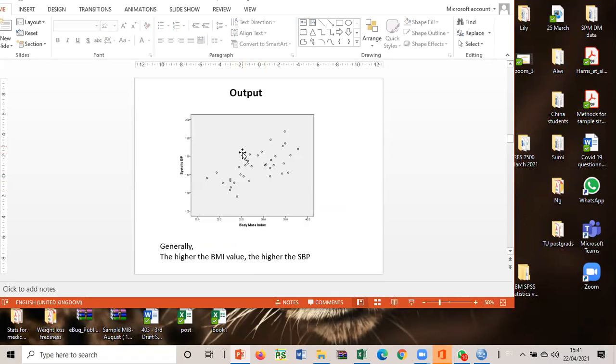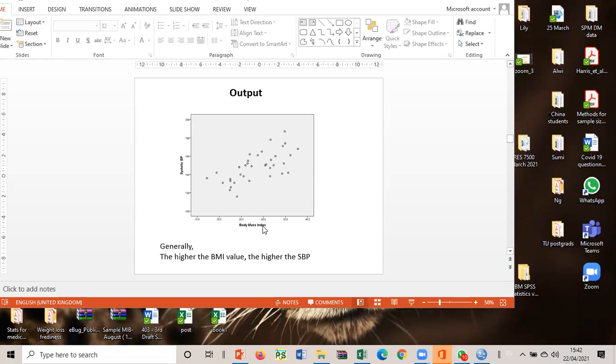So what do you see here? Elena, what do you see here? Explain. Yeah, it's random. I can see that when the BMI increases, the SBP increases as well.